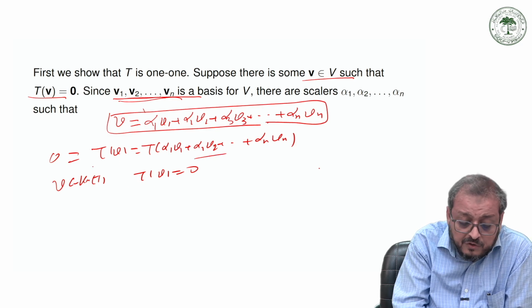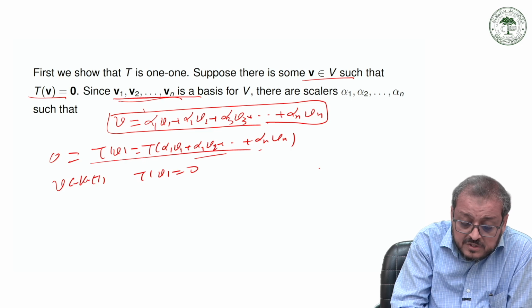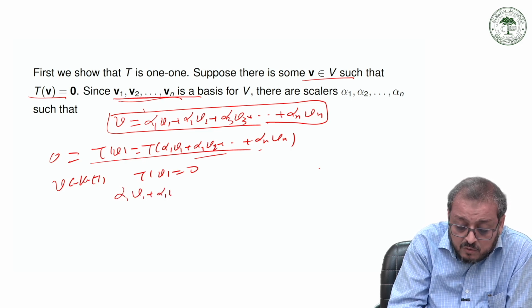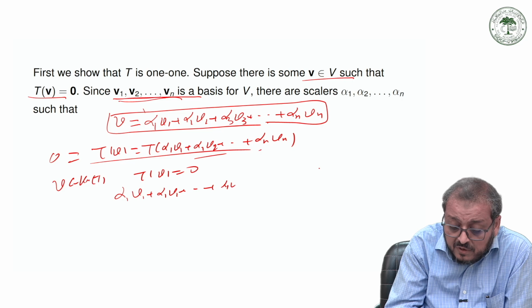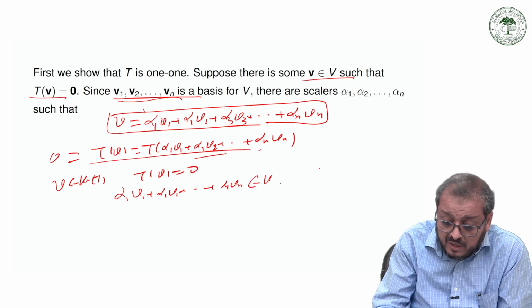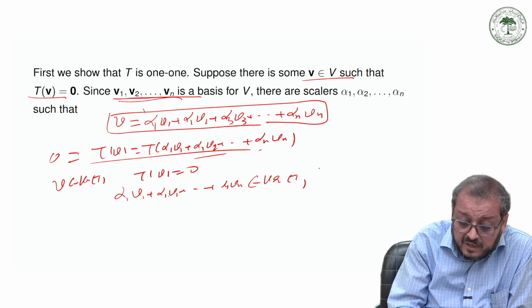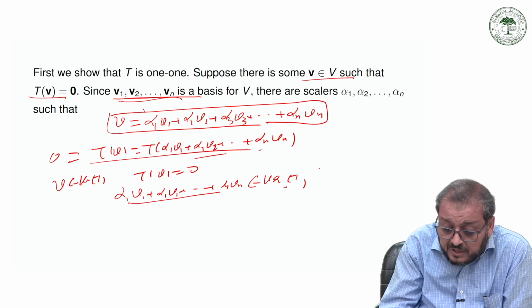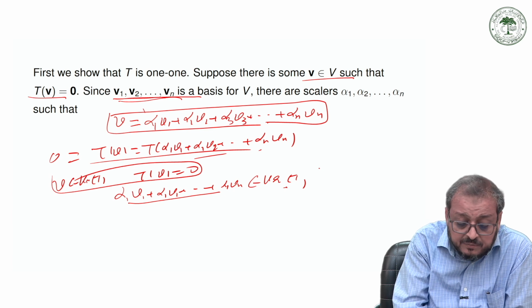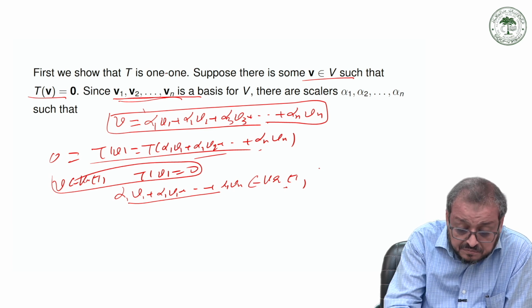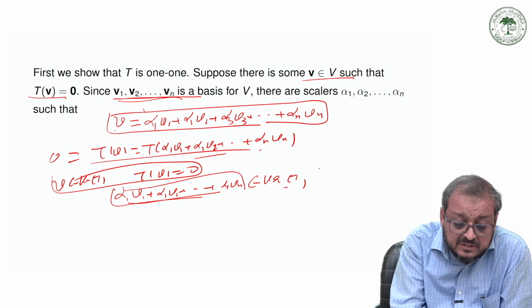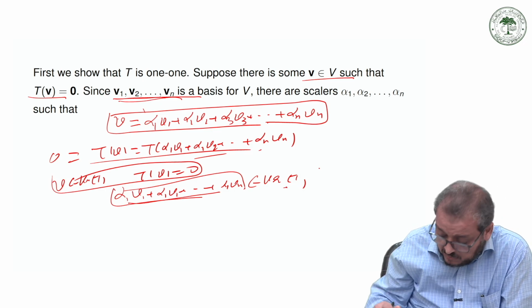Then alpha 1 v1 plus alpha 2 v2 plus so on, alpha n vn is an element of the kernel of T, and we show that v is equal to 0.